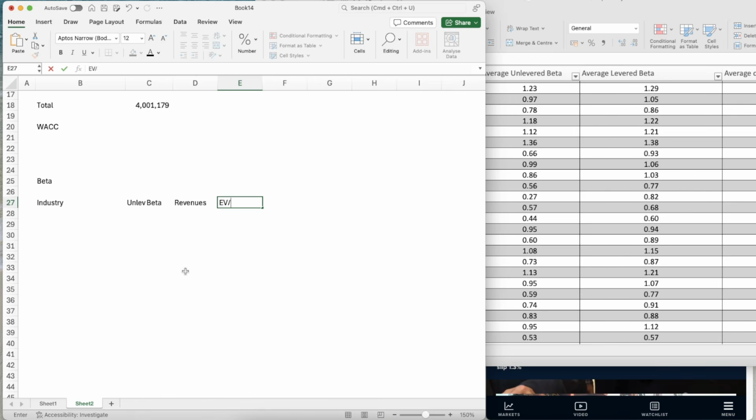We then look at the EV to sales, which helps us find the value of that part of the company. We take the weight, and with that we can then calculate a weighted beta. So what did we say? We said electronics and software, system, and app.